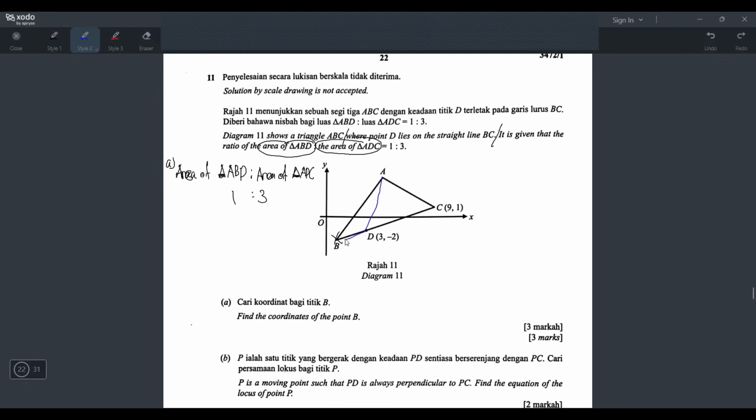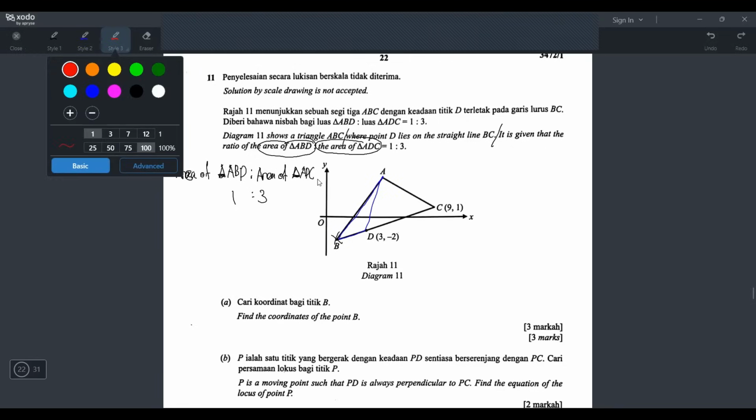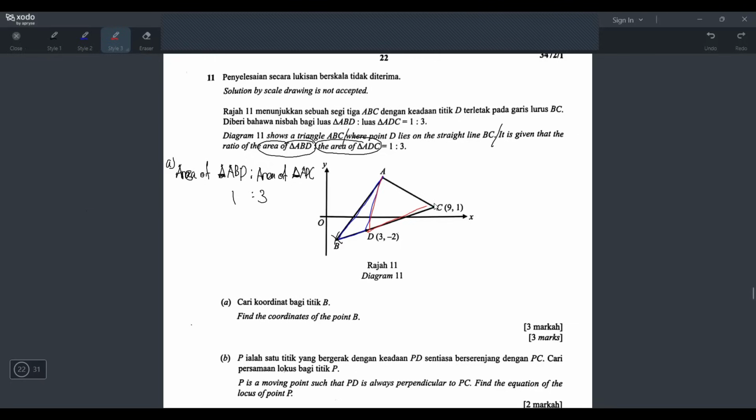And for ADC, it is this one. And you can see, the area of a triangle you can find using 1/2 times base times height, right? So imagine if you are finding the area of the red color triangle, which one can you use as the base? This one, right?